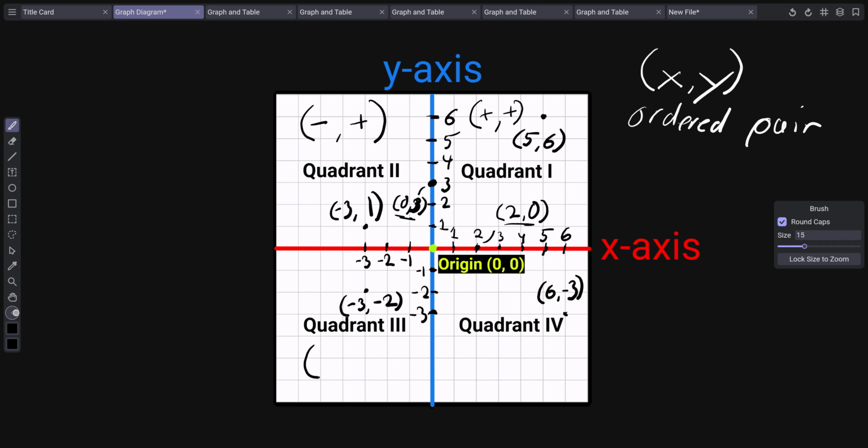Quadrant 3 will yield 2 negative numbers, and then quadrant 4 would give you a positive on the x and a negative on the y.